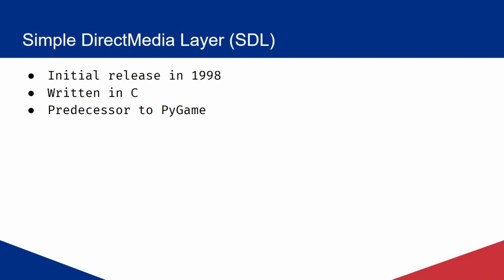So basically, you're running C code, but in Python. And so it'll be pretty fast because C is usually a lot faster since it's lower level to the hardware. So that's a benefit of it being a C program. And of course, it's the predecessor to Pygame because it came before Pygame.